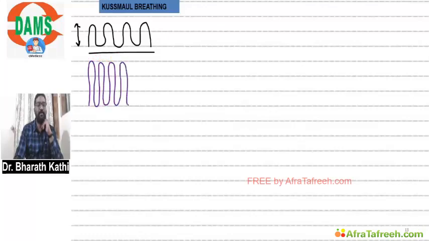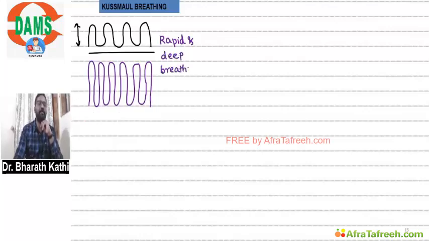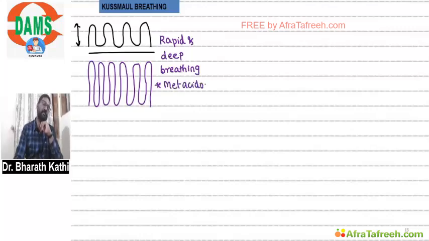You can see here how many times breathing is happening, and the depth has also increased. So Kussmaul's breathing is rapid and deep breathing. The patient will be rapidly and deeply taking breaths. So this is a cardinal feature of metabolic acidosis.